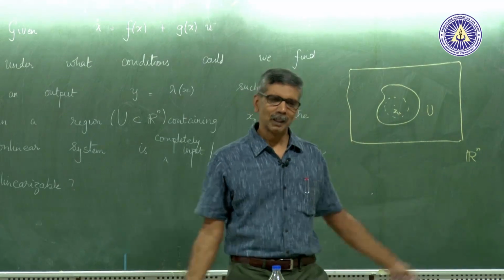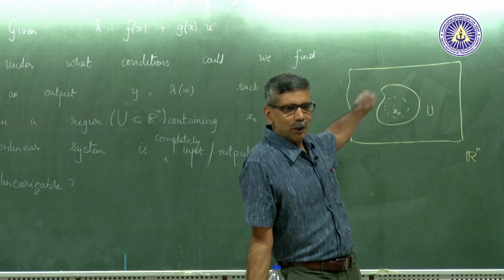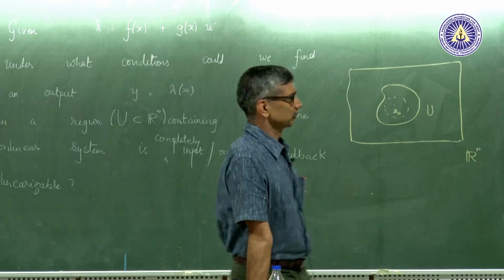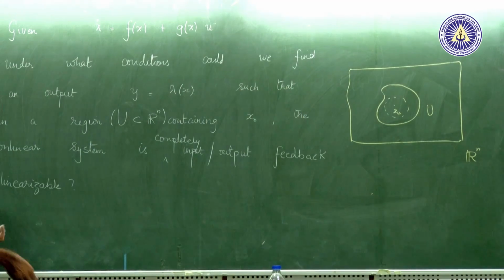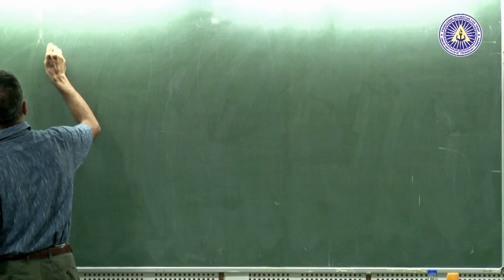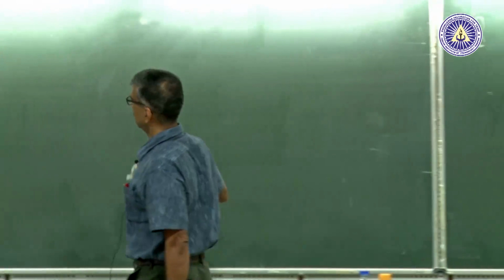Okay, that's once again, you can consider whether I can do the feedback linearization procedure in U. Right? Okay. Yes. So this can be done. That is, you can find this if the following conditions are satisfied.